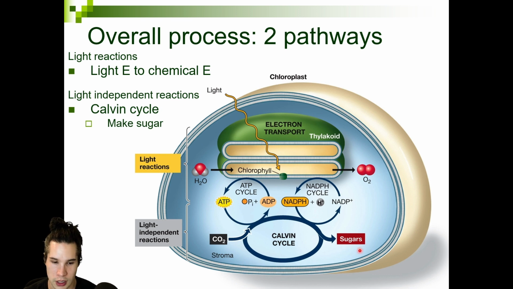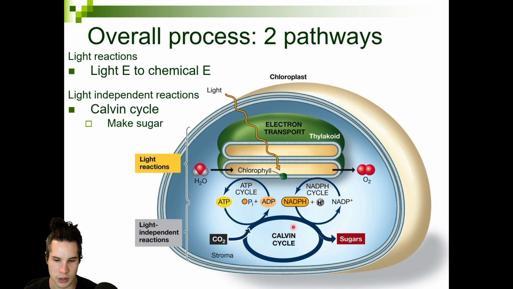That's an endergonic pathway, an endergonic process. You're building something from many small individual components. That's going to take energy. And so the purpose of the light reaction is to make just enough energy to fuel the Calvin cycle.